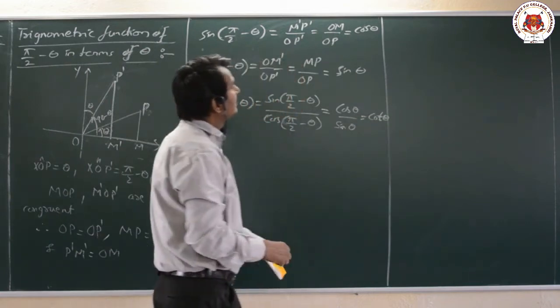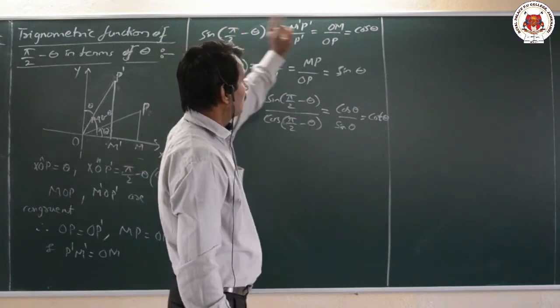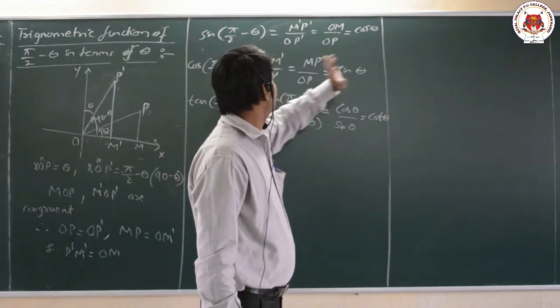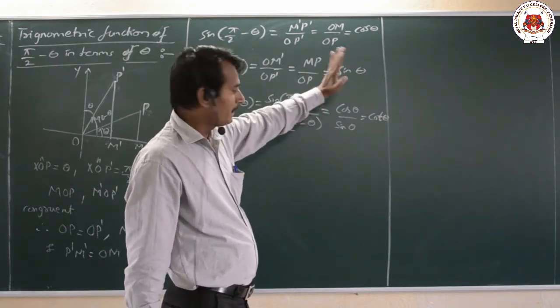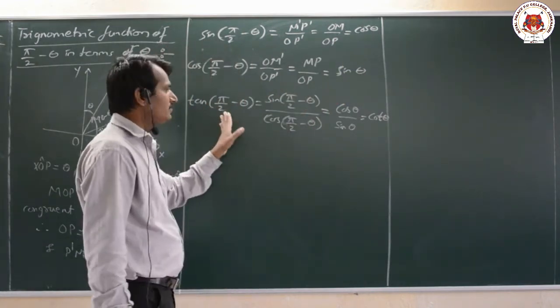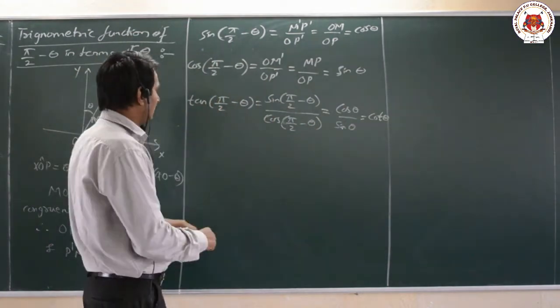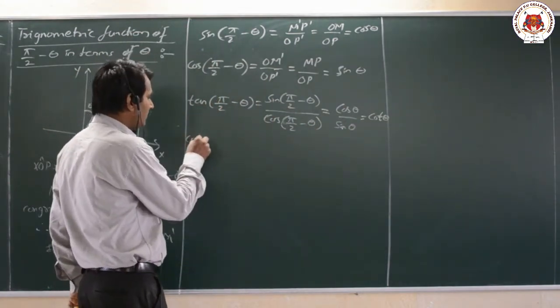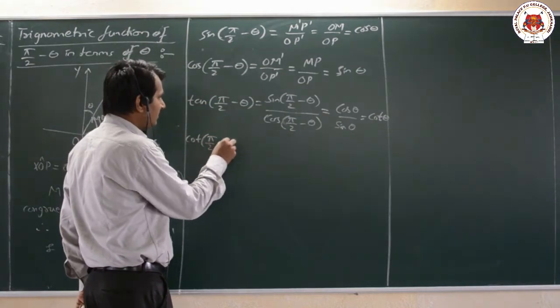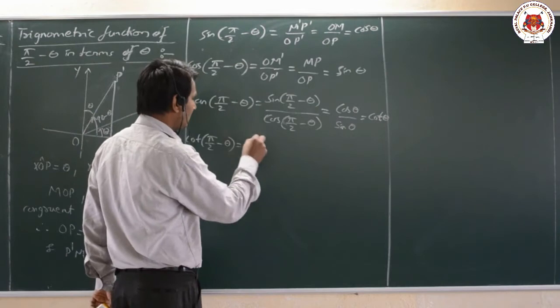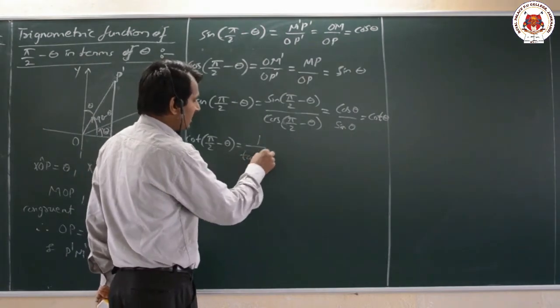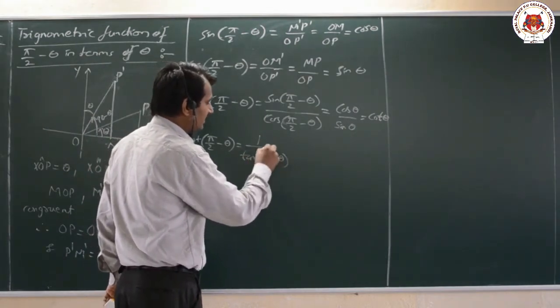So sine of pi by 2 minus theta changes to cos theta, cos of pi by 2 minus theta changes to sin theta, and similarly tan of pi by 2 minus theta changes to cot theta. Now we shall learn about cot of pi by 2 minus theta, that is 1 by tan of pi by 2 minus theta.